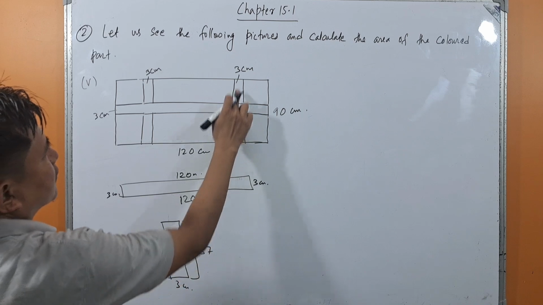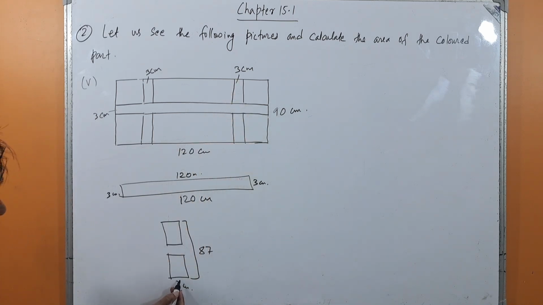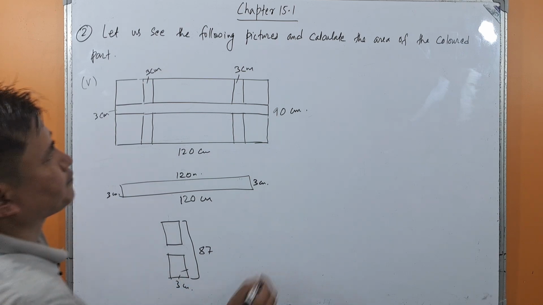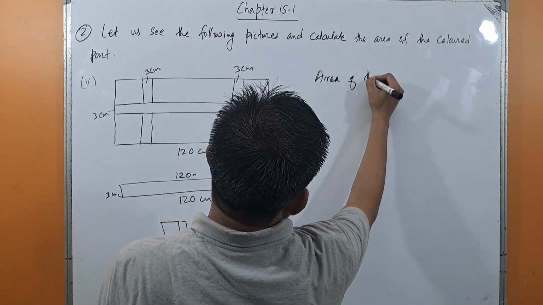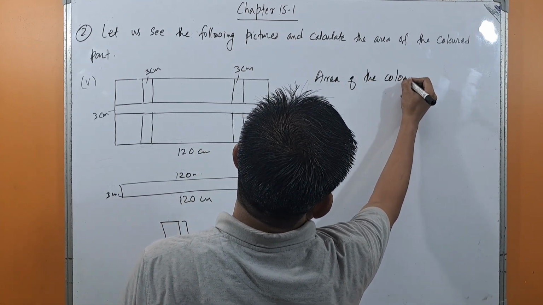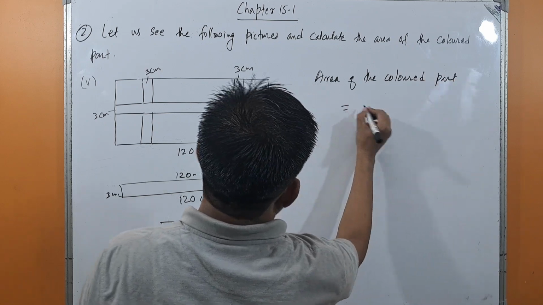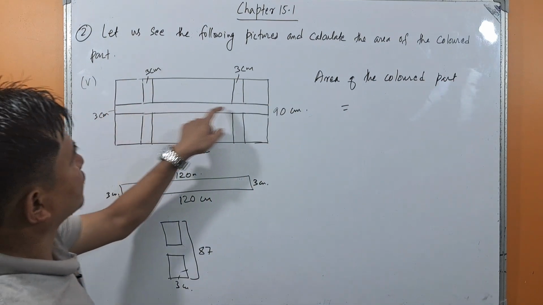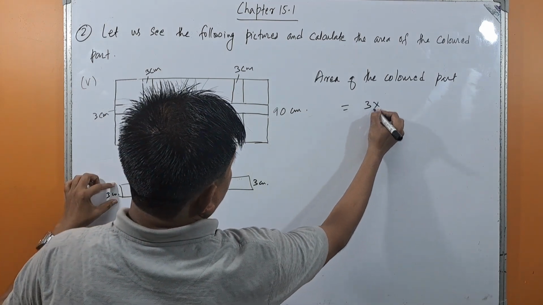A similar type of rectangle is here as well, so we can find the area of this rectangle by multiplying the adjacent sides, 3 into 87, breadth into length. So the area of the colored part equals, first we write the area of this long rectangle, length into breadth.